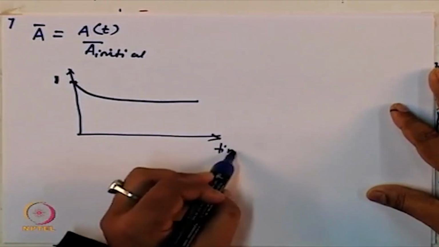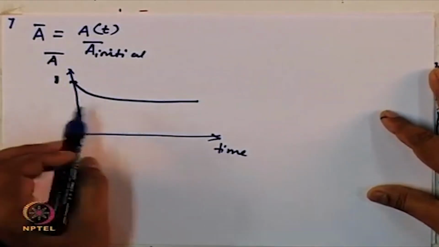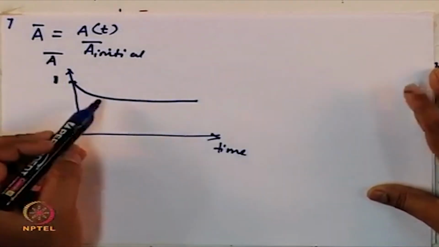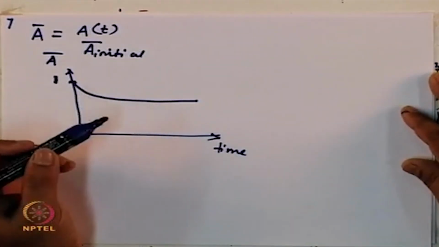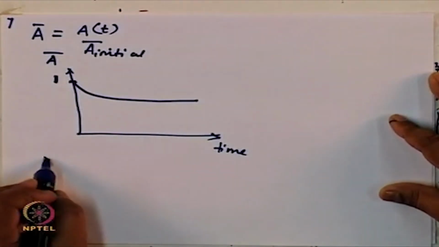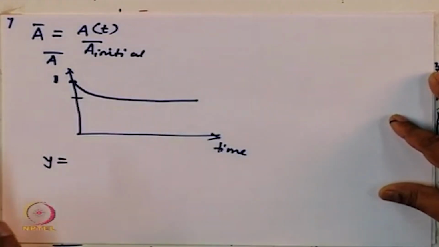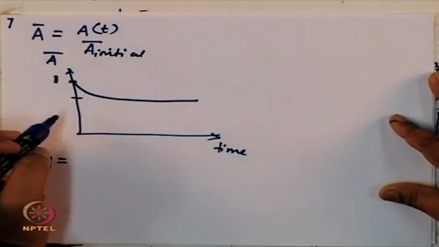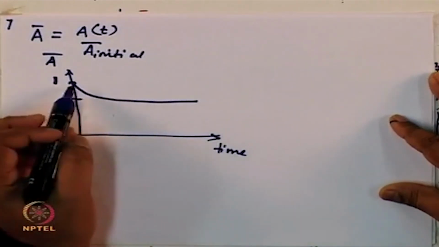This is my time axis and this is my A bar axis. At least the way I have plotted it, it somehow mimics an exponential decay. So, it plateaus off. That means that there is some drop and there is a characteristic time constant beyond which the area does not change.